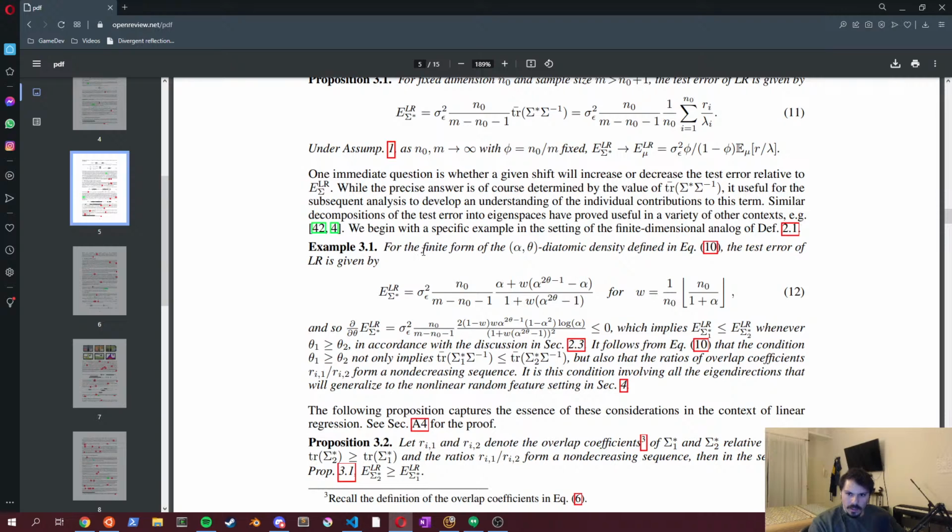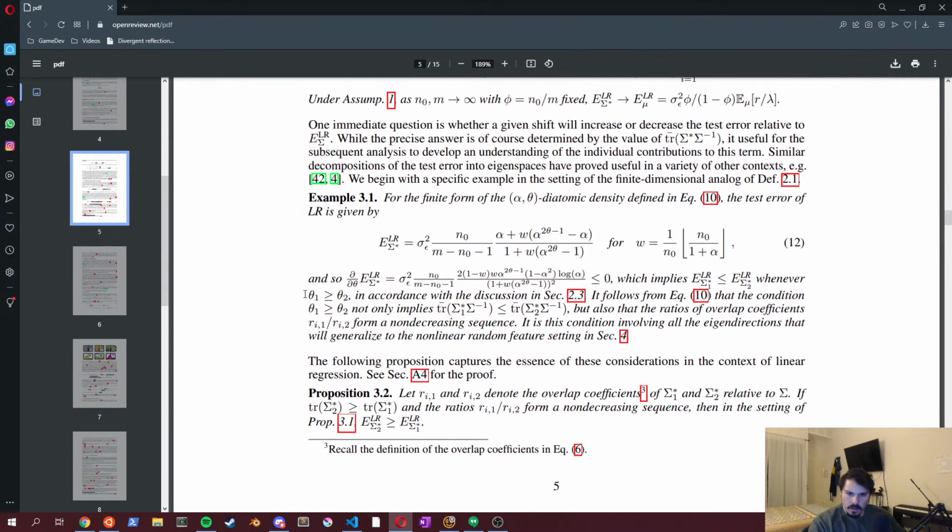So are they just seeing that this bears itself out here? So if we get a larger theta, right, it's going to show that the errors, I guess, should go down.